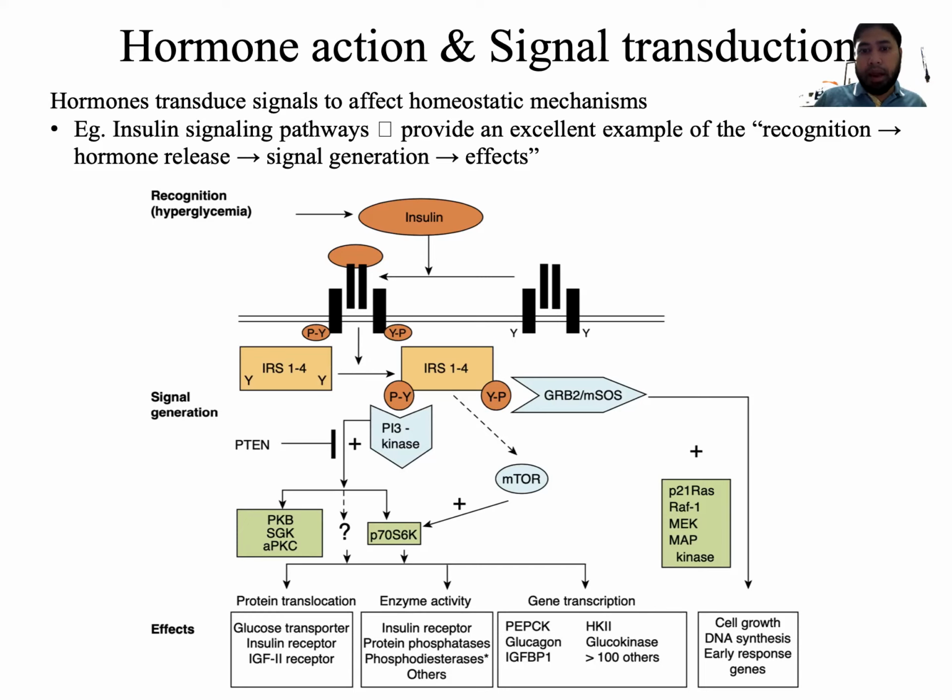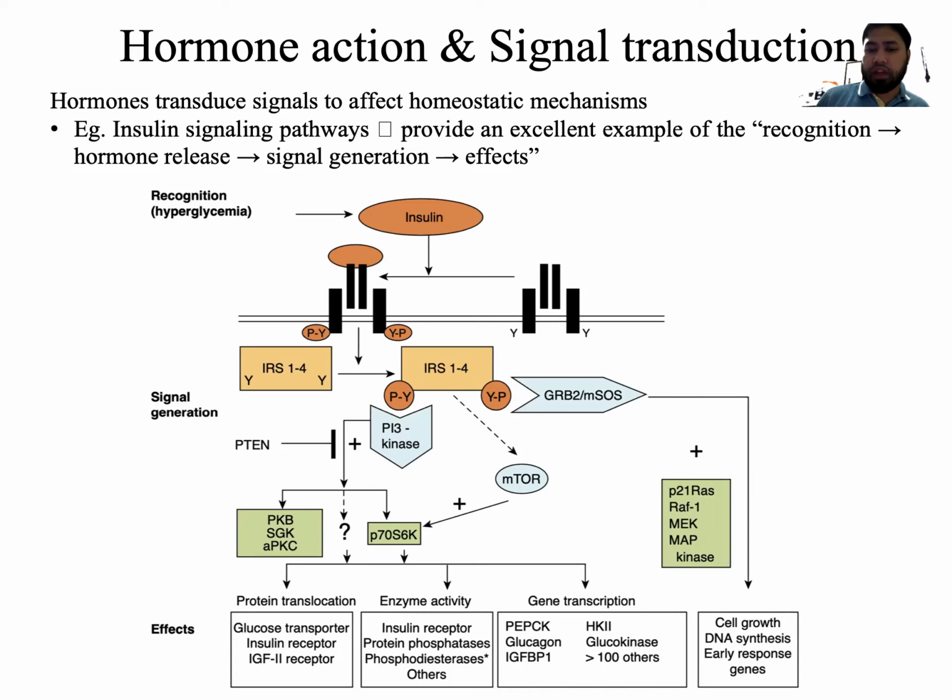Once this insulin binds to the cell receptor, it will initiate multiple signals. This signal generation can then send the information into the nucleus, so that the nucleus can change the DNA information and then produce the protein that they want. In this case, you can see the effect when the insulin binds to the receptor.